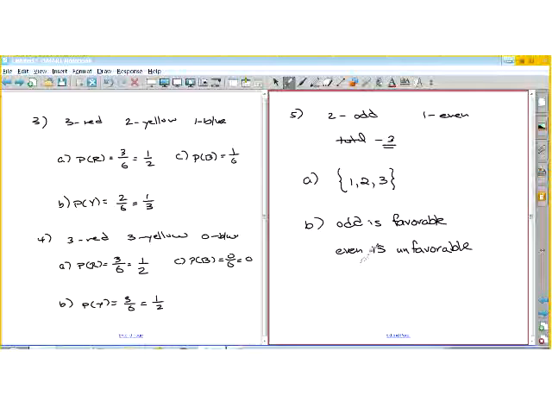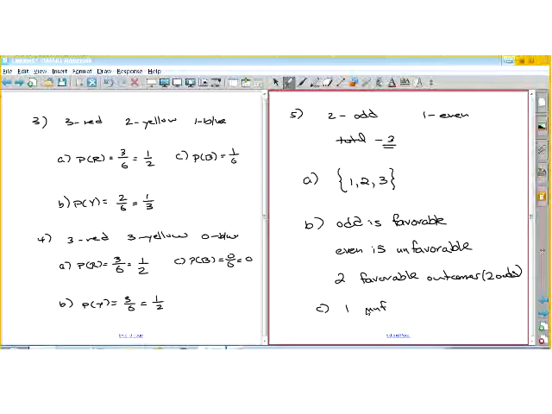So the question is, what is the total number of favorable outcomes? Well, we have 2 odd numbers. So 2 favorable outcomes. And then it says how many unfavorable. We have 1 unfavorable. This is 2 odds.